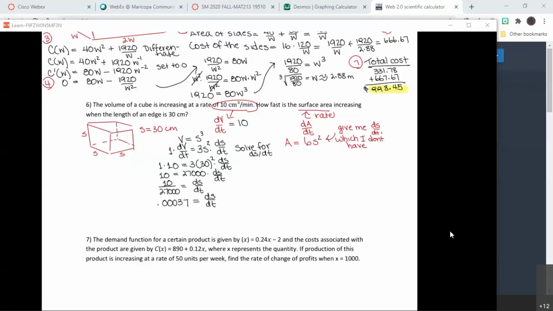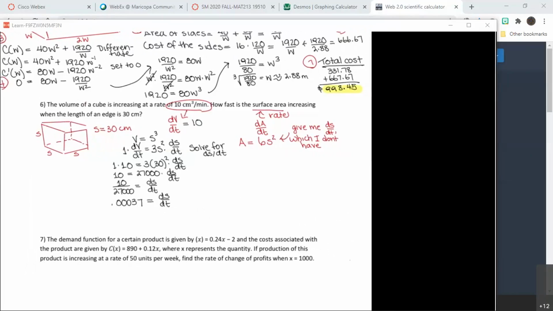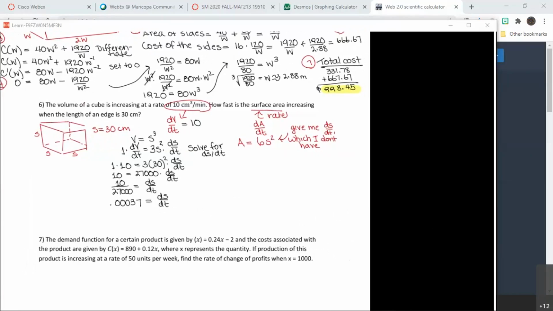Now I can finally do what they wanted me to, which was to differentiate my area, because I'm trying to find dA/dt. dA/dt is the derivative of area. Differentiating the other side, I have 2 times 6 is 12, S dS/dt.